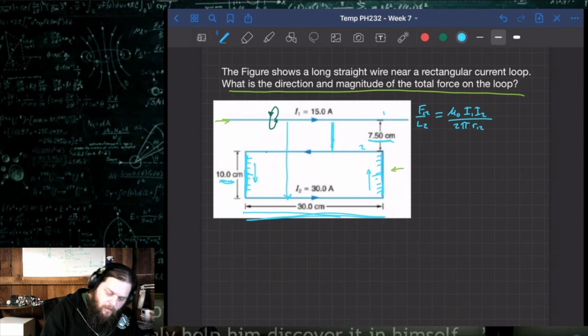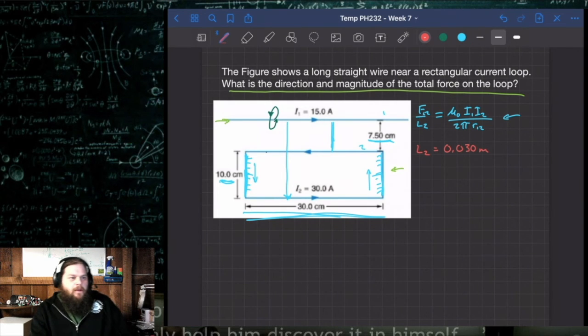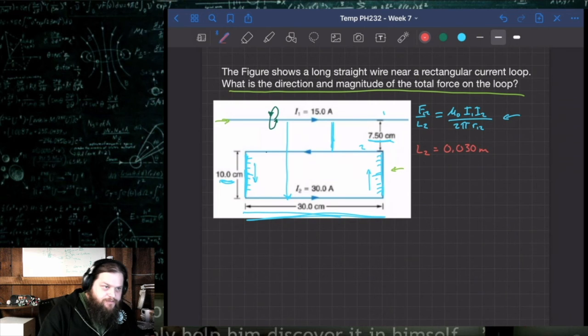Moving on, we could plug in our values now. Listing those values, L2 is equal to 30 centimeters. I'm going to write that in meters, that's 0.030 meters. We don't know the force, that's what we're looking for.